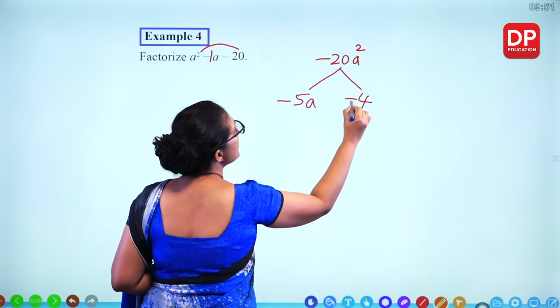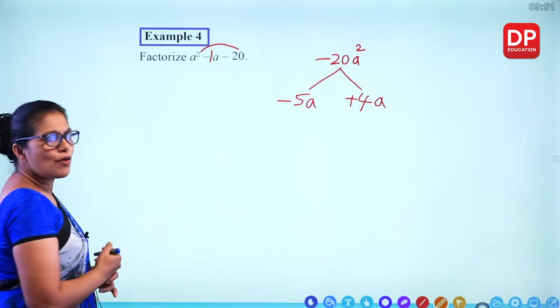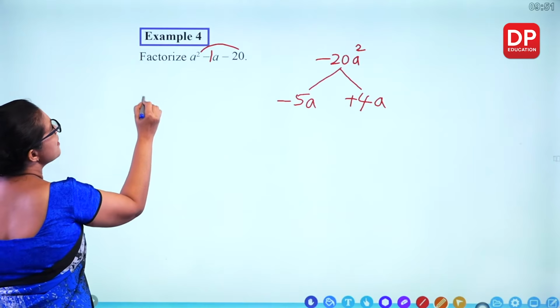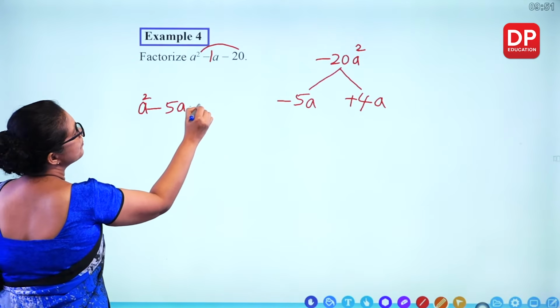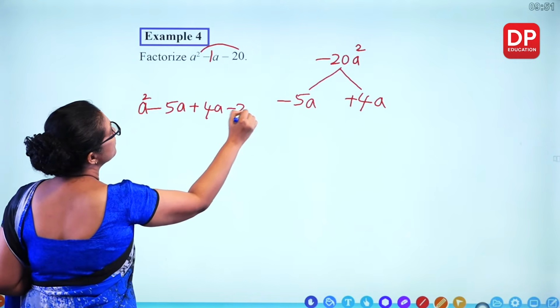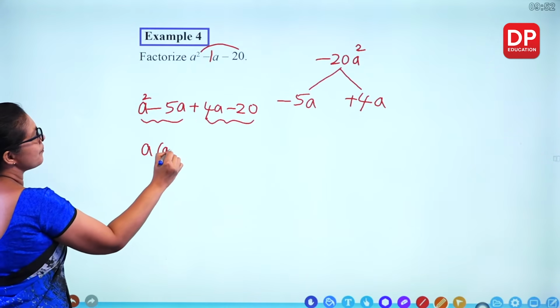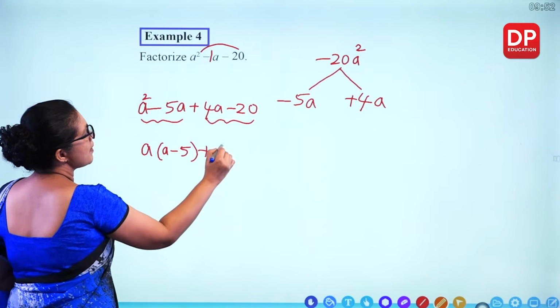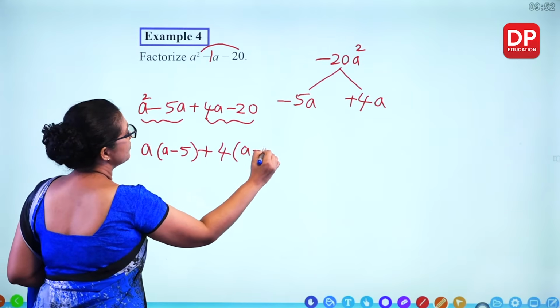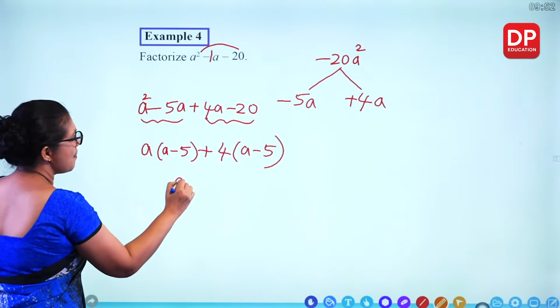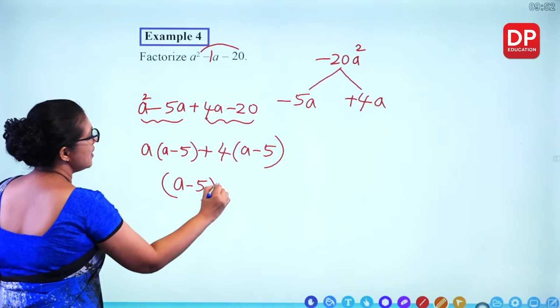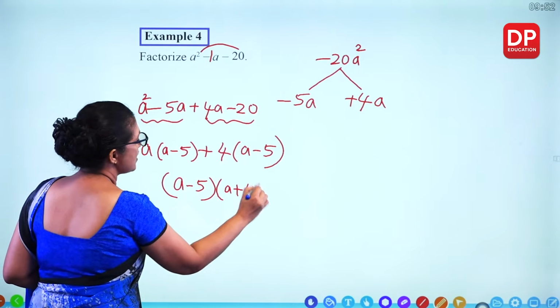Minus 5a and plus 4a. Now split the middle term. Take 2 at a time. You can take plus 4 out. Now we see a minus 5 is common, and the remaining part you write here.